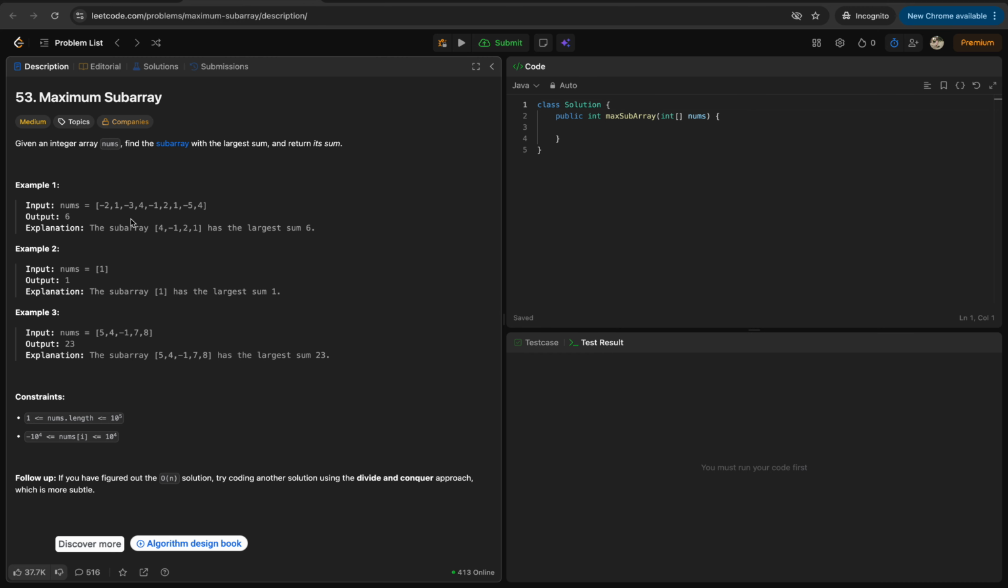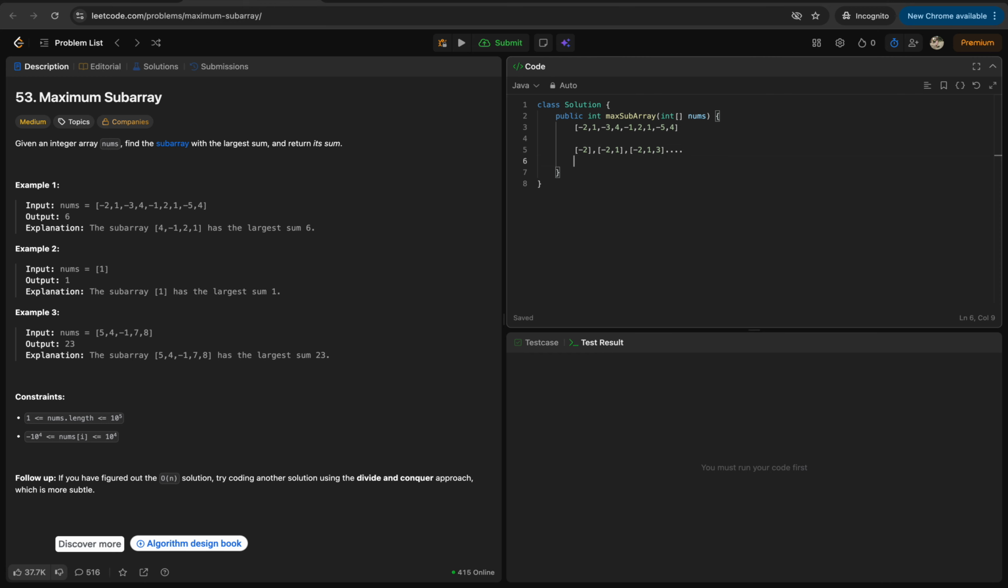So the brute force approach would be that we find all the possible subarrays in this array. For doing so, we'll iterate over the array. For example, if this is the array, then in the first iteration the first subarray is -2, then we'll have -2 and 1, then the next subarray will be -2, 1 and -3, and so on.